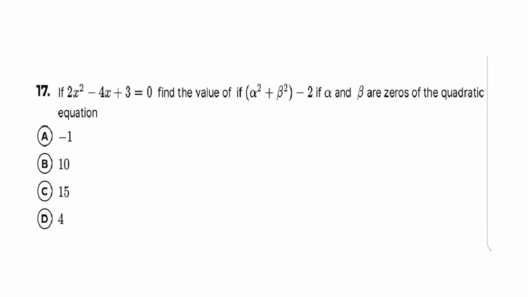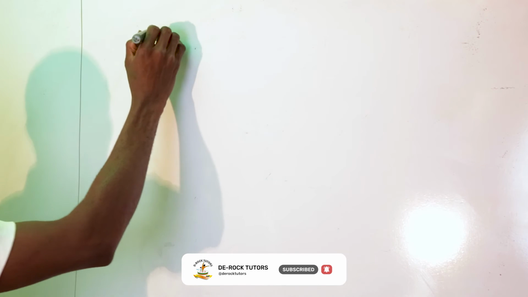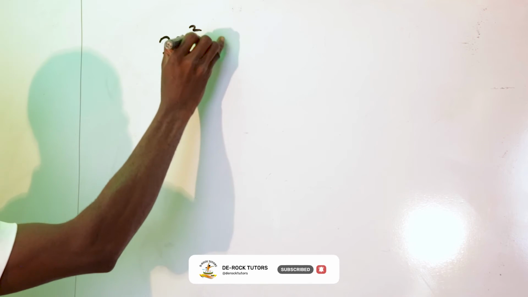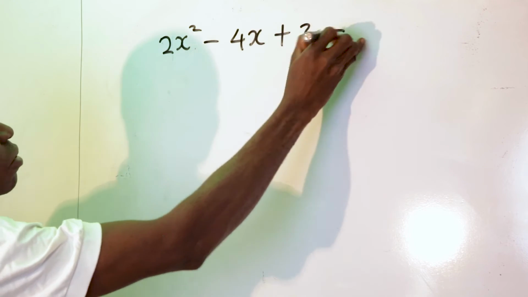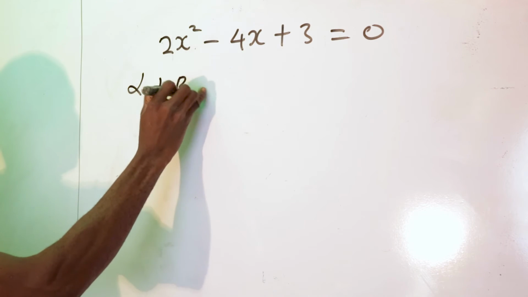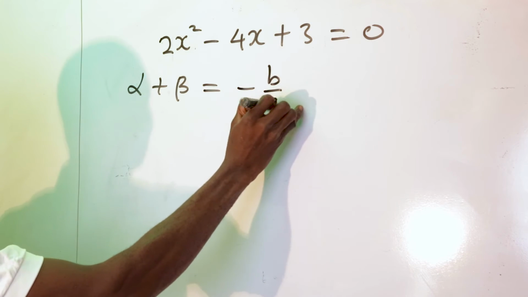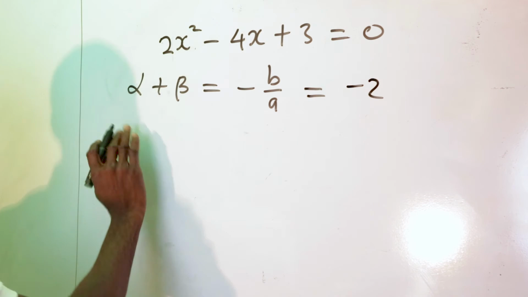Number 17, if 2x squared minus 4x plus 3 equals 0, find the value of alpha squared plus beta squared minus 2 if alpha and beta are zeros of the quadratic equation. That tells us that alpha and beta are the roots of the quadratic equation. And in such a case, we try to obtain the sum of the roots and the product of the roots, where we have 2x squared minus 4x plus 3 equals 0. Sum of the roots, alpha plus beta, gives us minus b over a, which is 2.